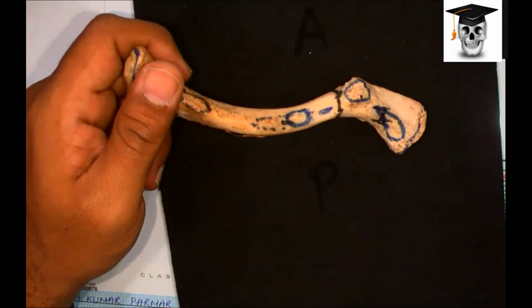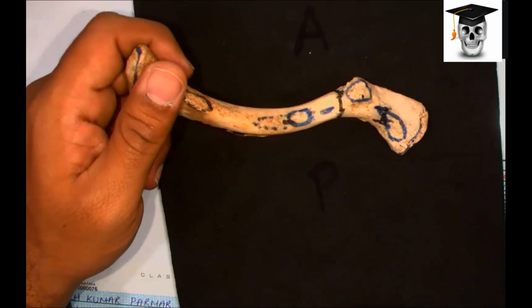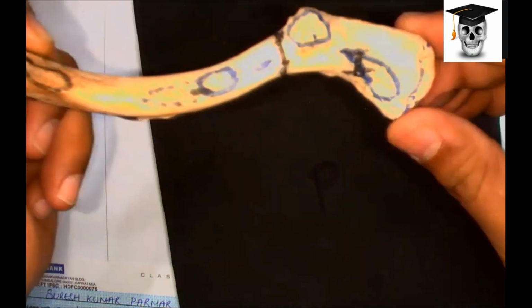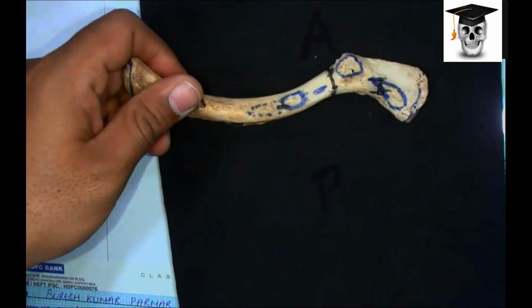Since yours is not the original bone, not every feature will be replicated. But here you can see. See, I am coming very close. Let me zoom the camera for you.